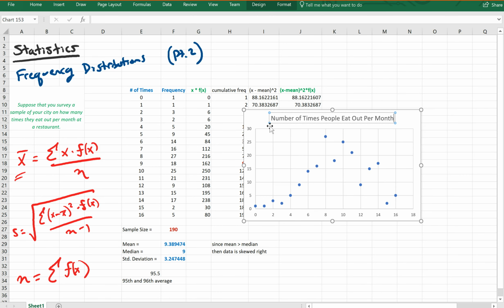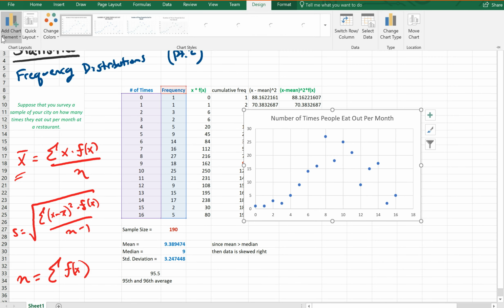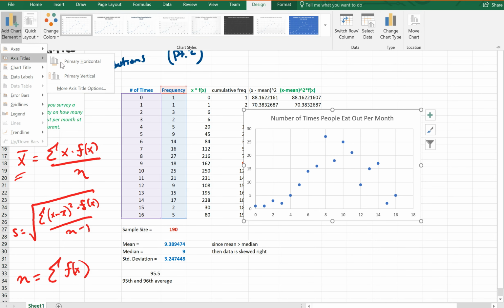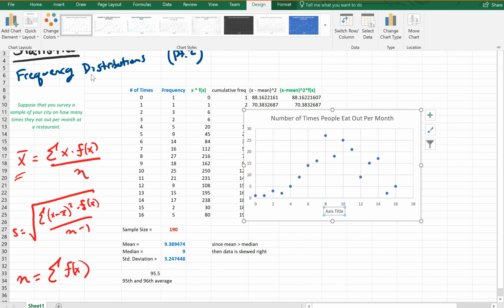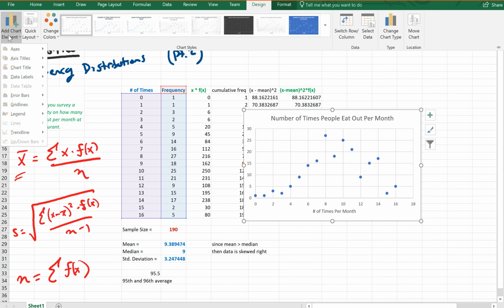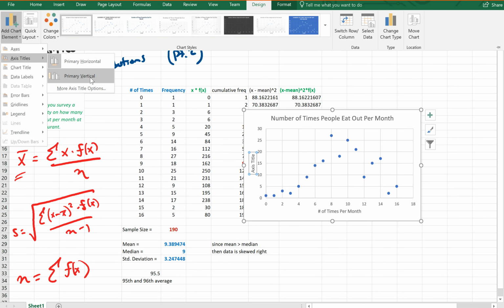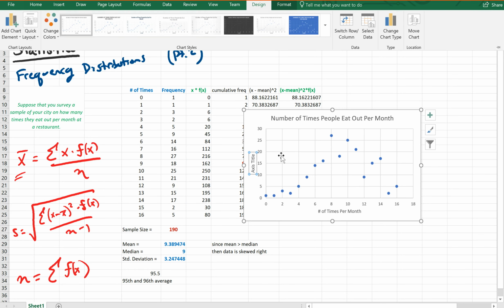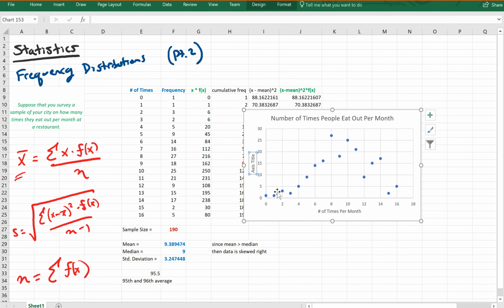And then I can start giving this graph some actual titles. So axis titles, primary, horizontal. This is going to be the number of times per month. And my vertical axis, so axis title, primary, vertical, is going to be what?